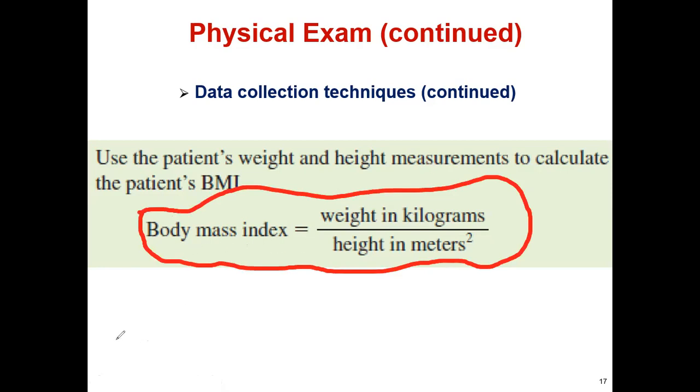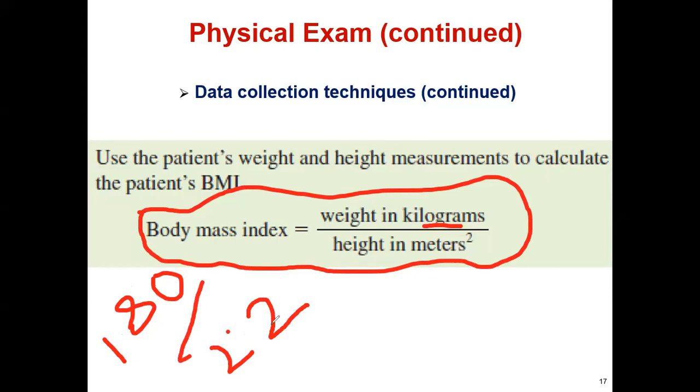Like my patient's body weight is 180 pounds. This 180 pounds you have to convert to kilograms, and 1 kilogram equals 2.2 pounds. So 180 divided by 2.2, and you will get the weight in kilograms.